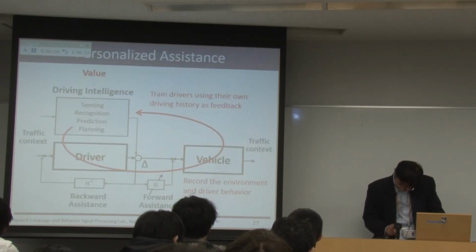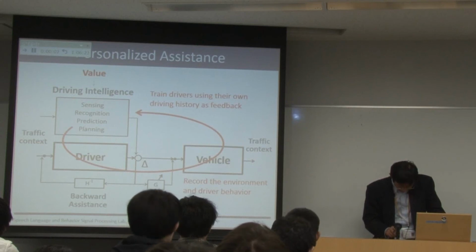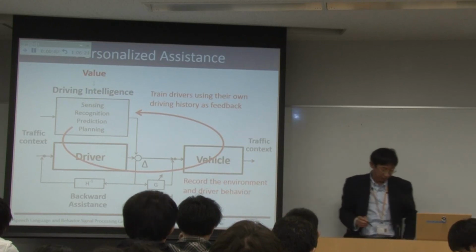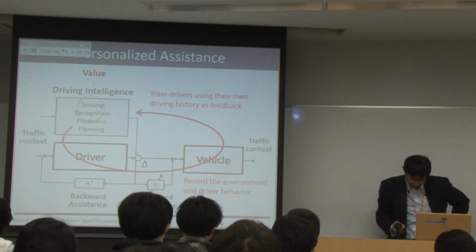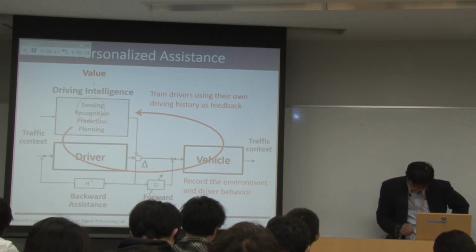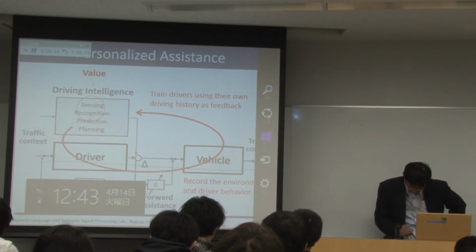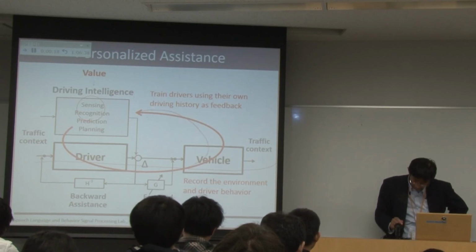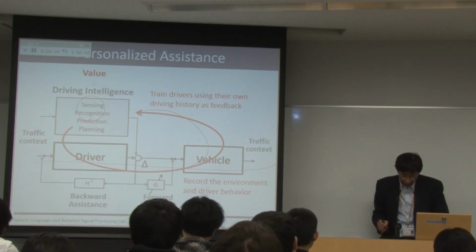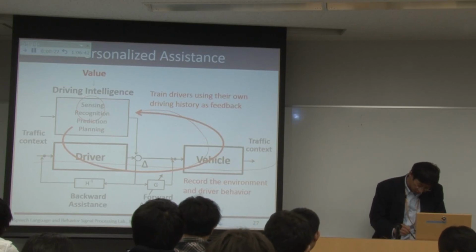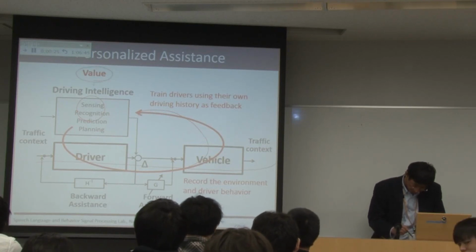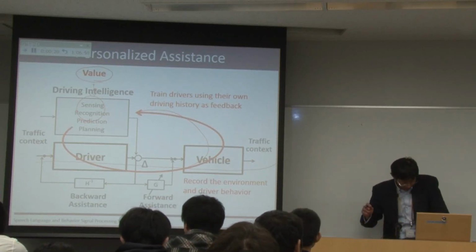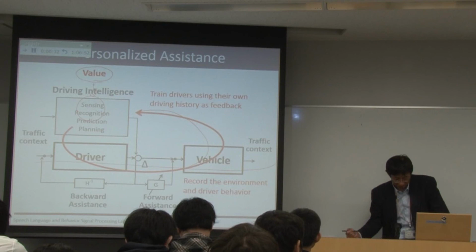So again, in terms of the data distribution, of course, we can train this intelligence by using the actual driving history, which is captured by data, and train this more and more, wiser and wiser. But the important thing is that we need to impose a value on this intelligence. Otherwise, intelligence cannot grow.